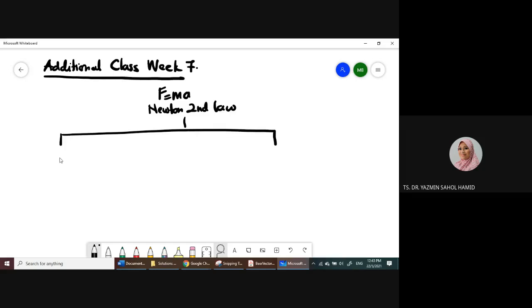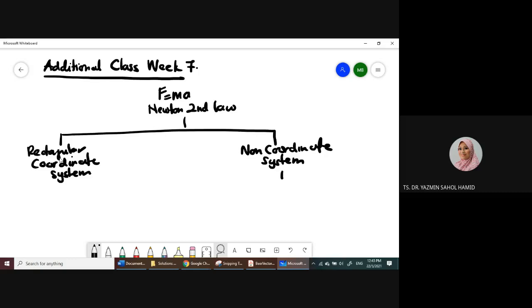One is the rectangular coordinate system, and then the non-rectangular coordinate system. I'm sure you're familiar with this already because I have mentioned this many times. For the non-rectangular coordinate system, we have normal and tangential, and lastly, we have radial and transverse.